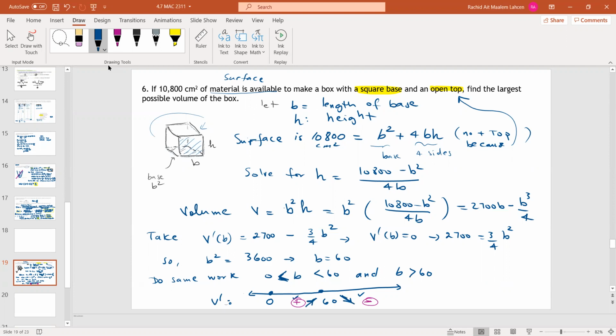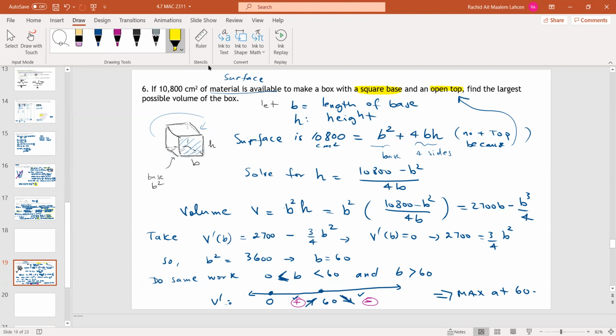And since it's 0 there, that means there is a maximum there. So there is a maximum at 60, right? And we already talked about B formula.